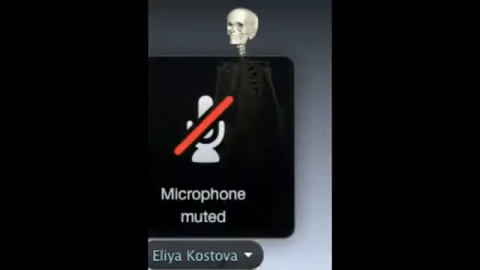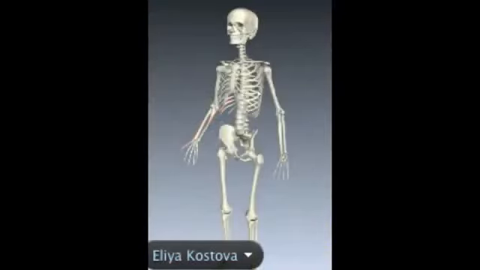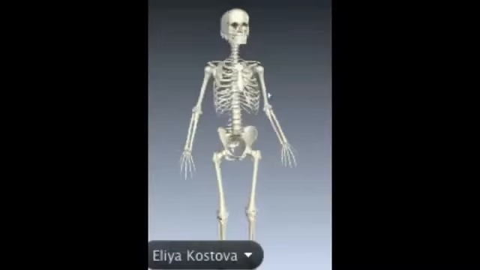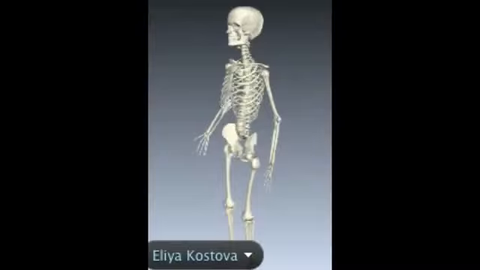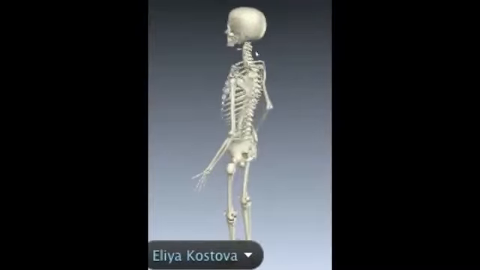The skeleton is divided into two parts: the axial skeleton and the appendicular skeleton. What is the meaning of that? They have different functions. The axial skeleton is formed by, as you may see in this model, the vertebral column.